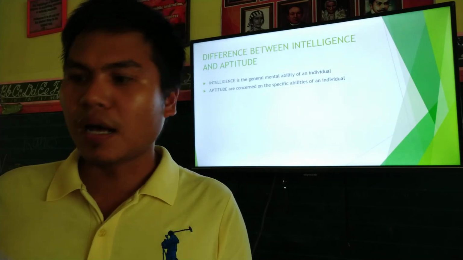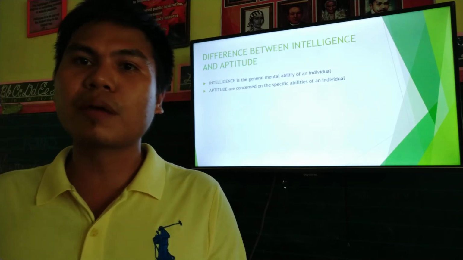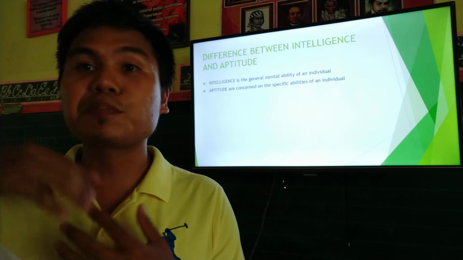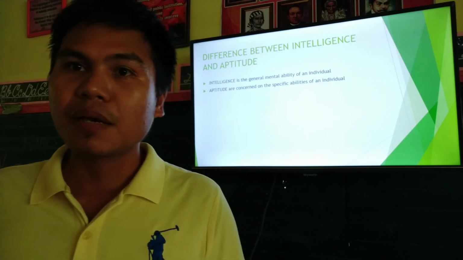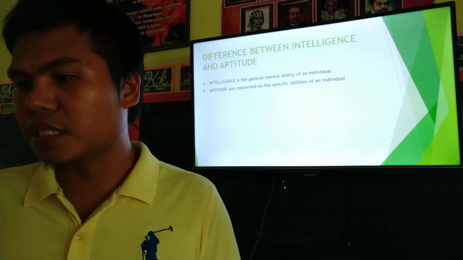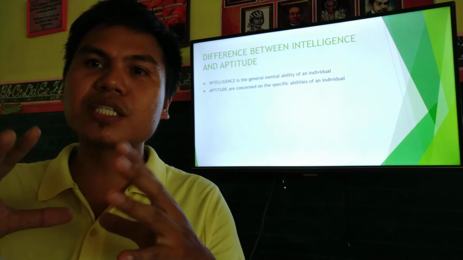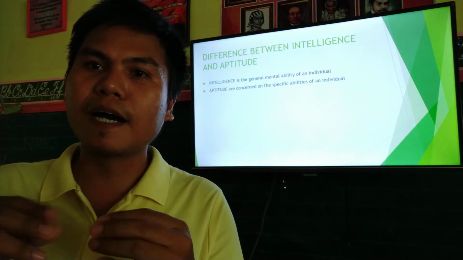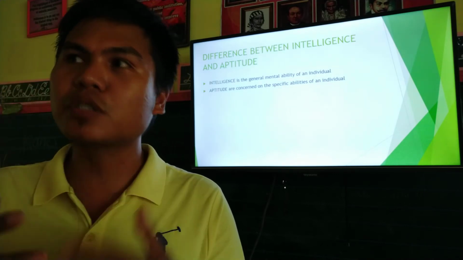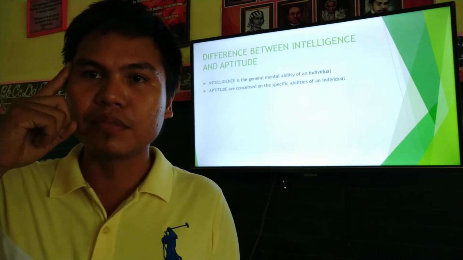So, intelligence refers only to the mental capacity or ability, while aptitude is concerned with the specific abilities. Maybe one of these abilities is your intelligence. So, aptitude is measuring different capabilities of a person, while intelligence measures the mind capacity.